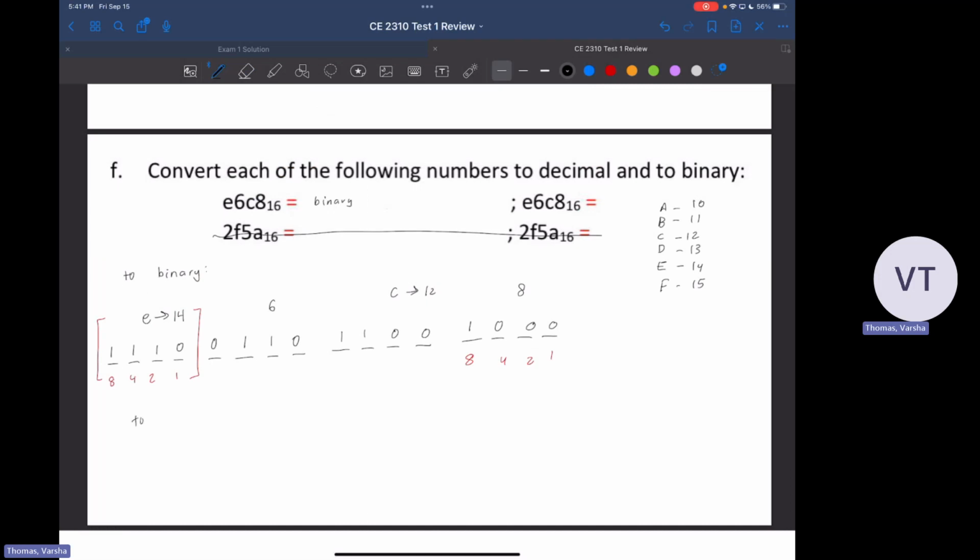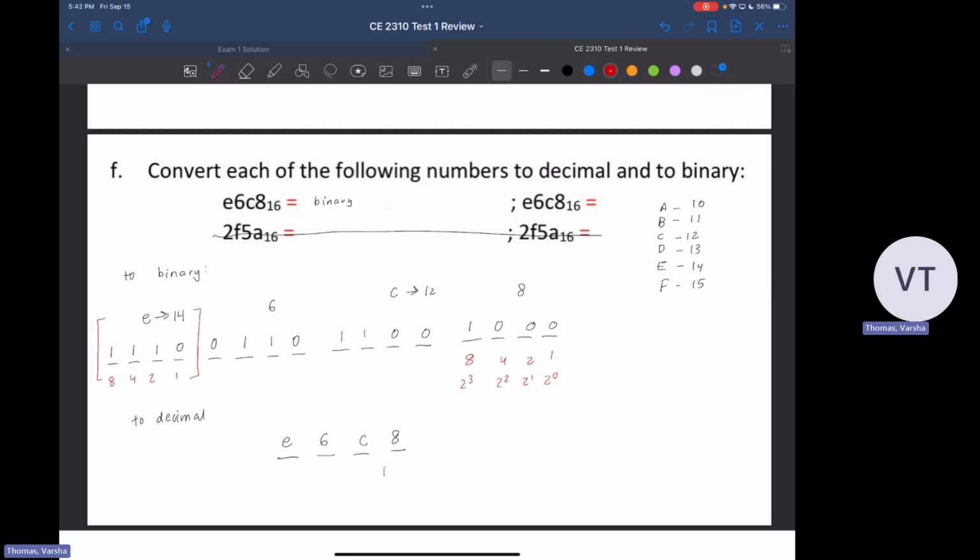Next, we have decimal from hex. So if you are given this, it's going to be similar to binary, where we talked about placeholders of 2 to the 0, 2 to the 1, 2 to the 2, 2 to the 3. Now we're in base 16.